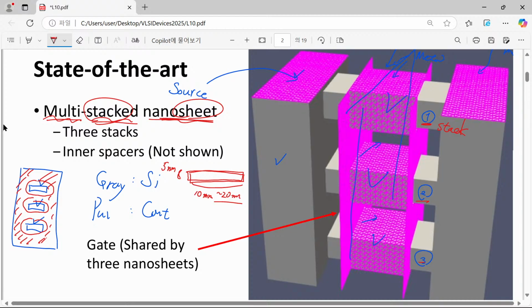If we draw it that way, you can find that this is like a sheet-like structure. It is very thin and wide. In this case, we call it a sheet.